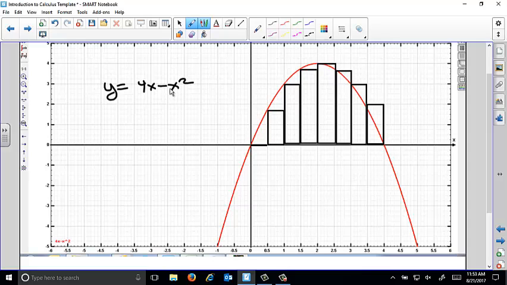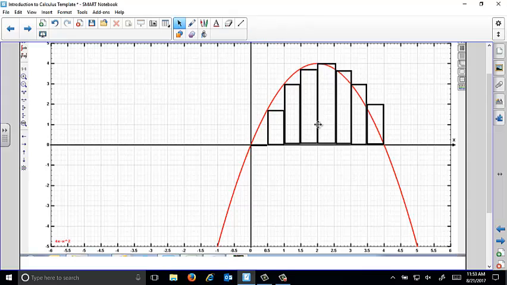I'm not sure of the exact form, but it's similar to that. That's not the important thing.